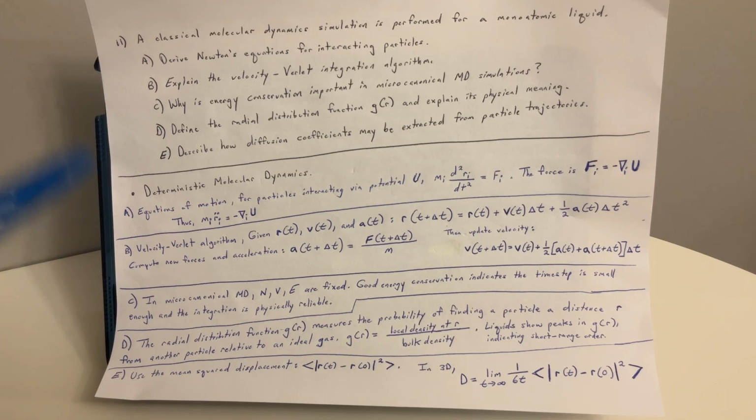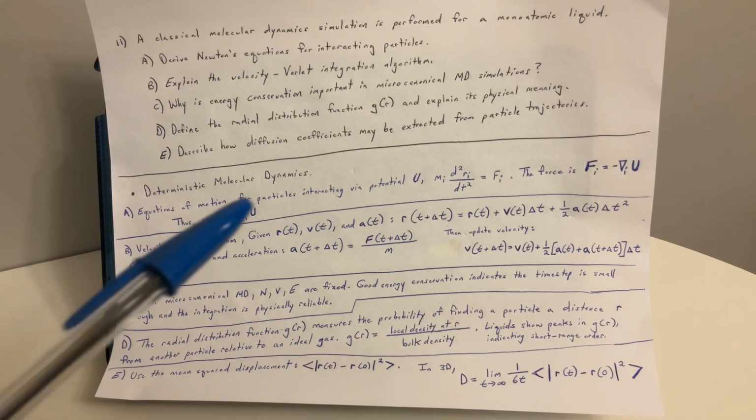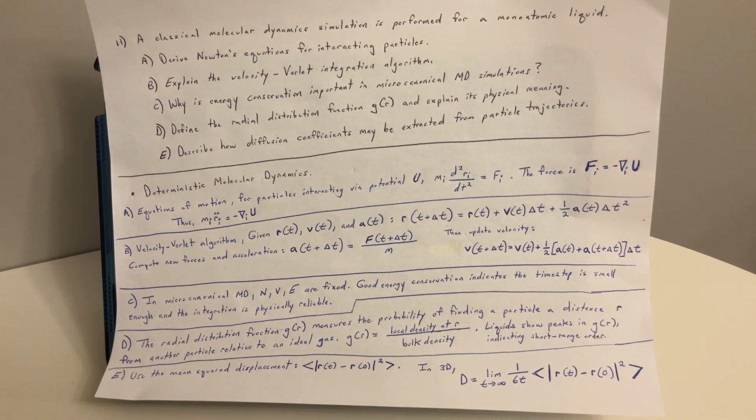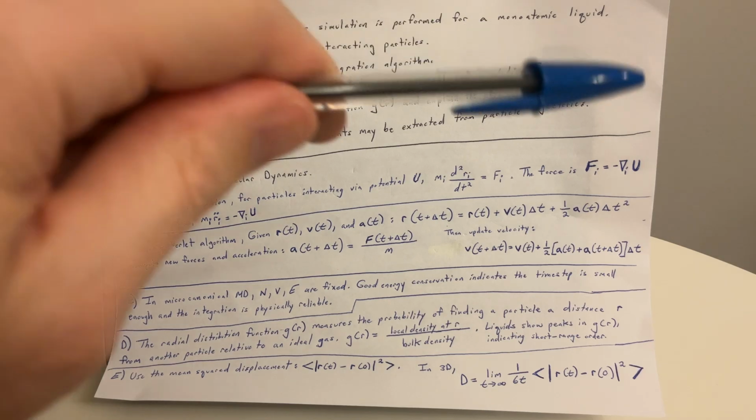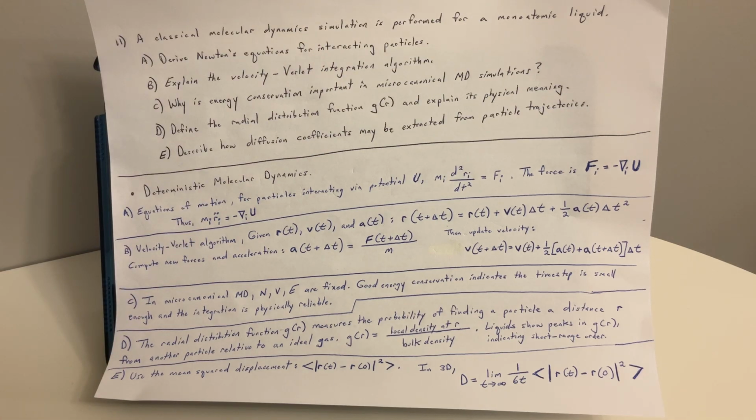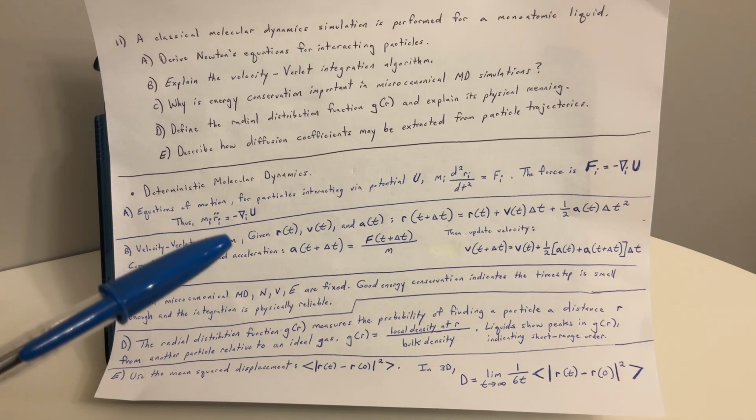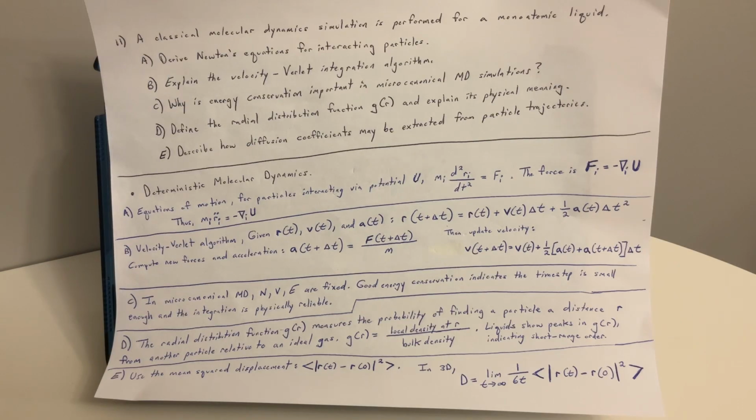Equations of motion for particles interacting via potential U: m sub i times the second derivative of r sub i with respect to t equals F sub i. So the force is F sub i equals negative gradient sub i of U. Thus, m sub i r double dot sub i equals negative gradient sub i of U.